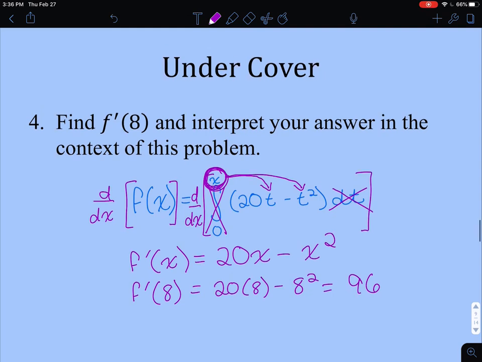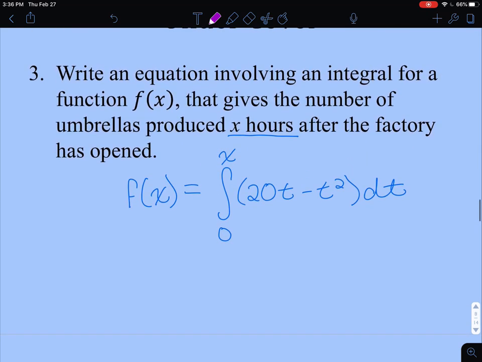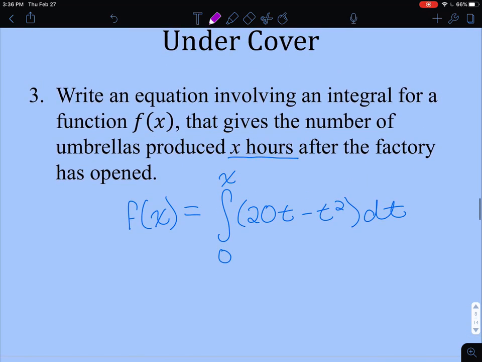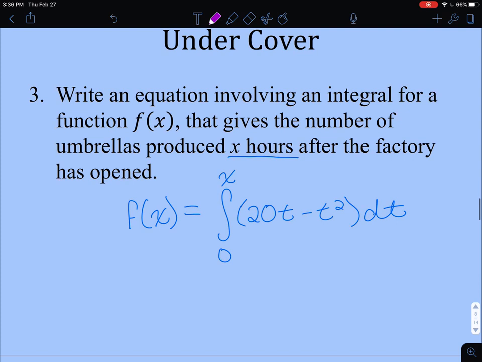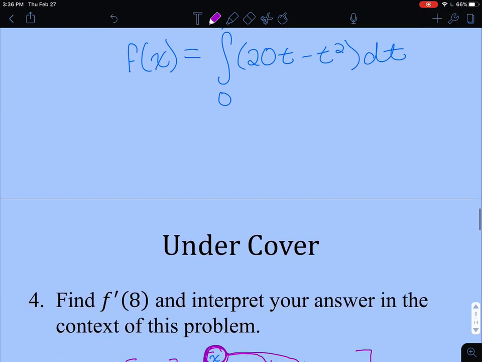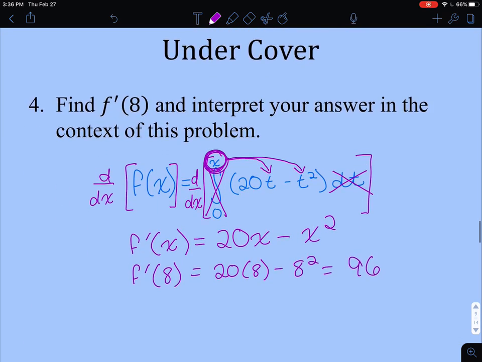So let's go back and consider what f of x was supposed to be. F of x is the number of umbrellas produced. So f prime is the rate of change, or how quickly the number of umbrellas produced is increasing or decreasing at 8 hours.